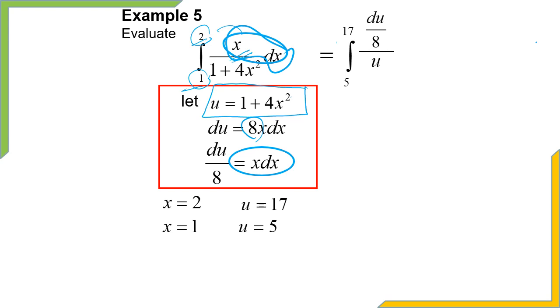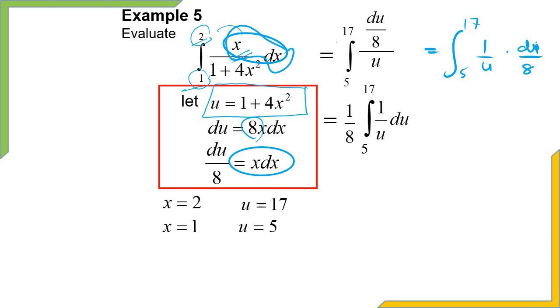Okay, if I'm doing this, I will write down 5 to 17 of 1 over u multiplied by du over 8. So 1 over 8 will be the coefficient. We take it out from the function. So what we want to integrate is only 1 over u with respect to u.